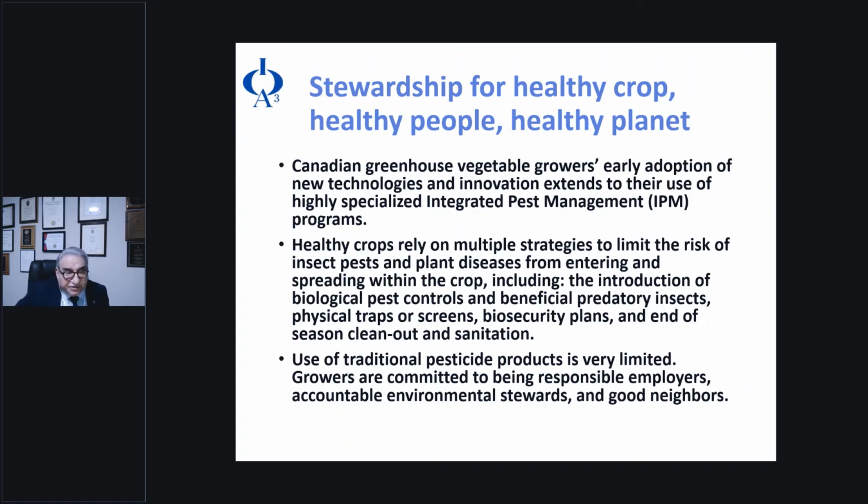The use of traditional pesticide products is now becoming very limited, because growers are looking at new applications and want to be accountable as environmental stewards, and also good neighbors. Don't impact the community. Many of the greenhouses are within living areas, so you don't want to produce products and waste that could impact the neighborhood.